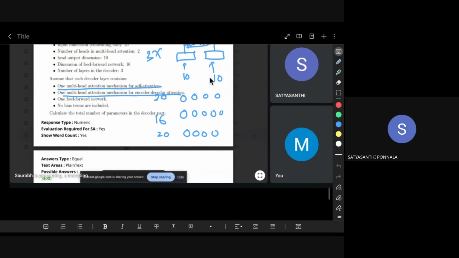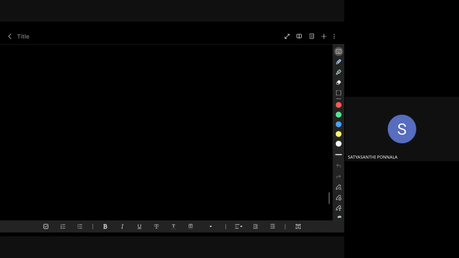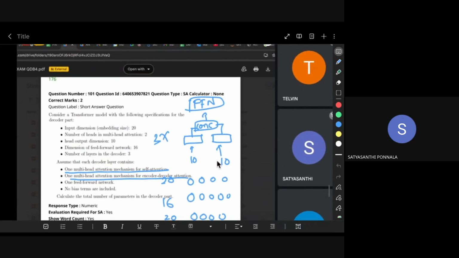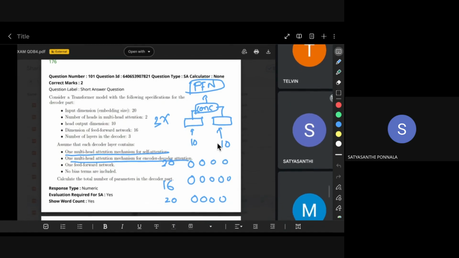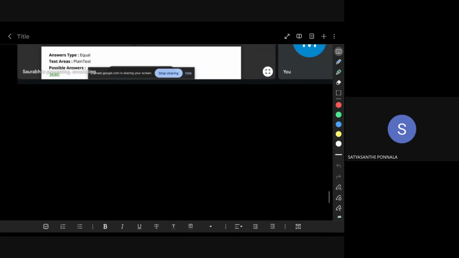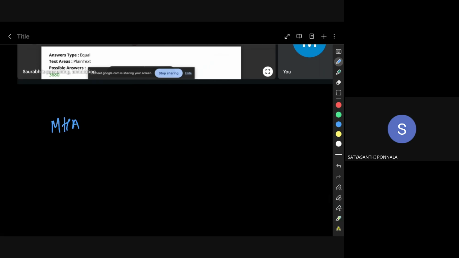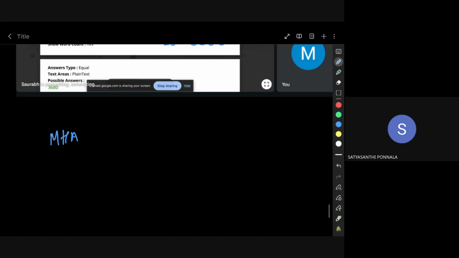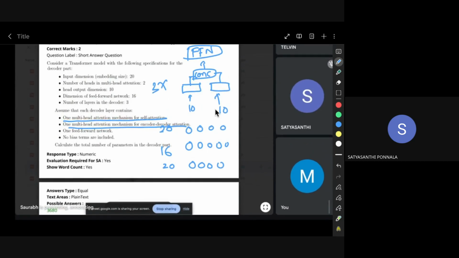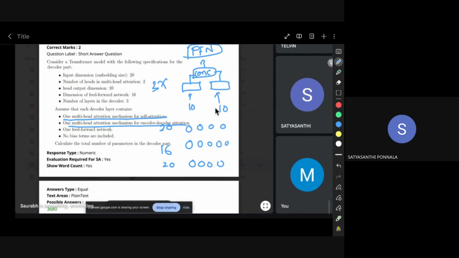Okay, now let's see what will be the number of parameters in this. Let's see first what is there in the multi-head attention of the decoder. We have input of size 20, and the head output dimension is 10.